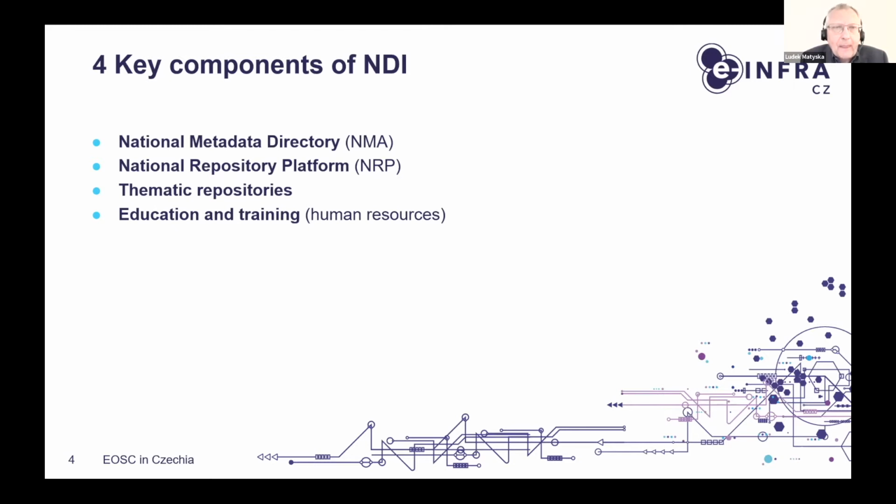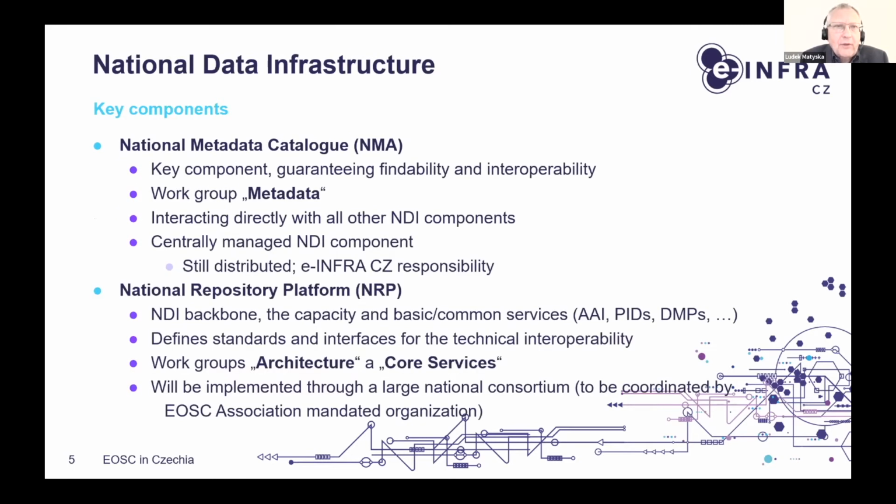Next slide. Just to say a little bit about the National Metadata Catalog: it is a key component which guarantees findability and interoperability of all the data. This is the key point where we expect to have the basic information about all the data which are produced or properly processed within the country.